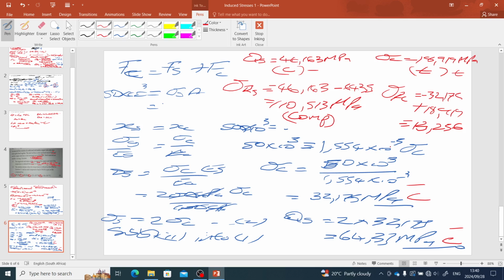Here, when we added them, we got the answer obviously as negative 110, and we said that negative is a compression. Then here we are having negative 32 plus, and we got the answer as negative there. It then means here as well it is compression. This is how you tackle this equation.